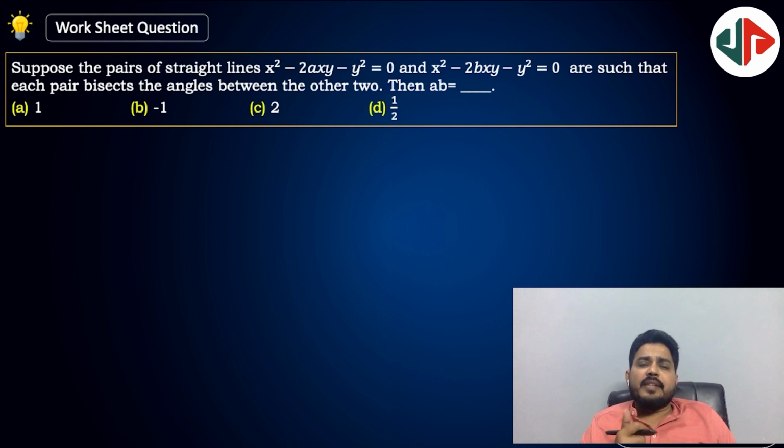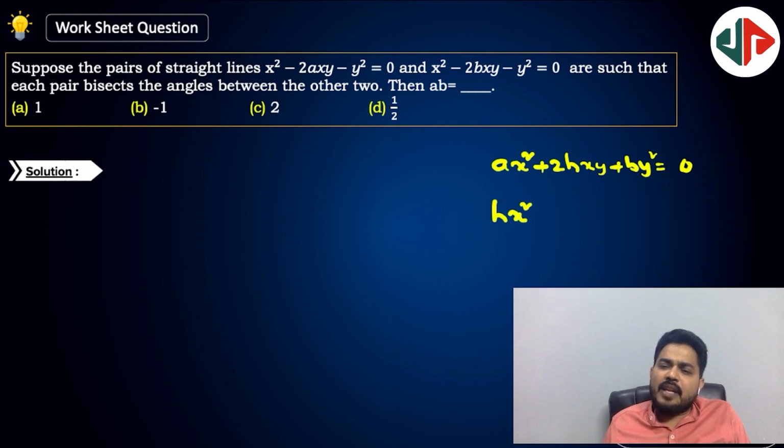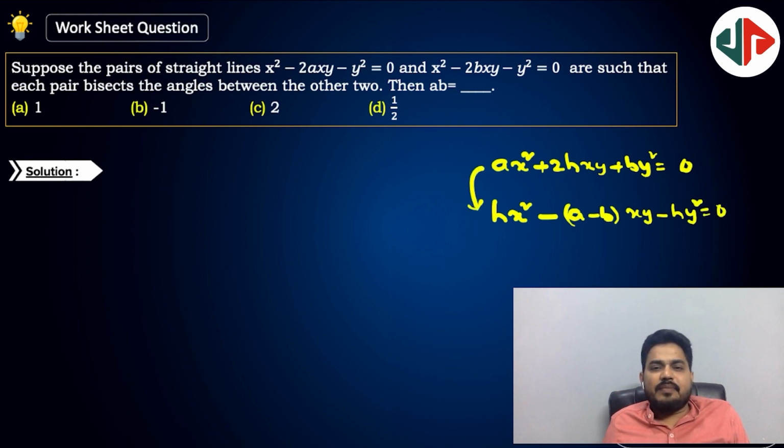Suppose the pairs of lines x square minus 2axy minus y square equal to 0 and x square minus 2bxy minus y square equal to 0 are such that each pair bisects the other. So the pair of angular bisectors of ax square plus 2hxy plus by square equal to 0 is h(x square minus y square) minus (a minus b)xy equal to 0.